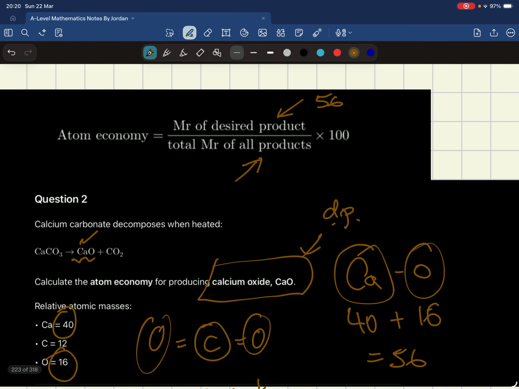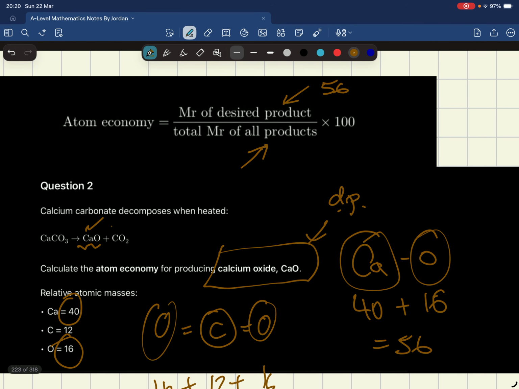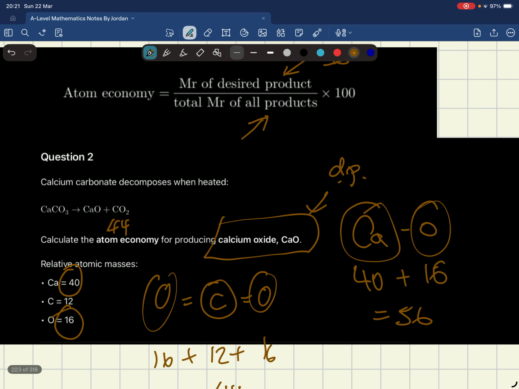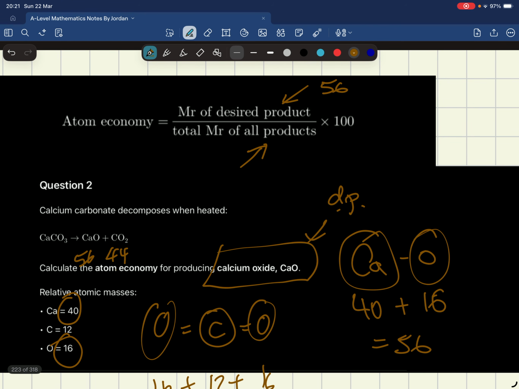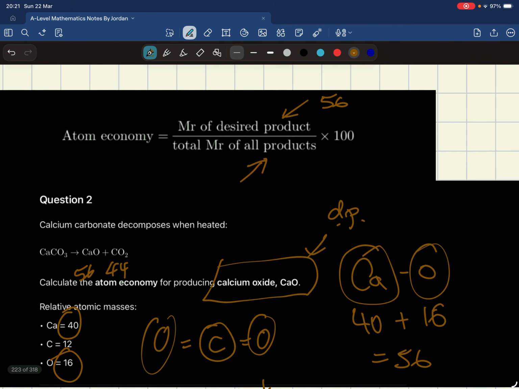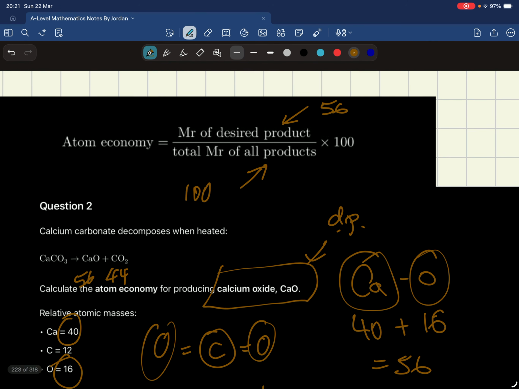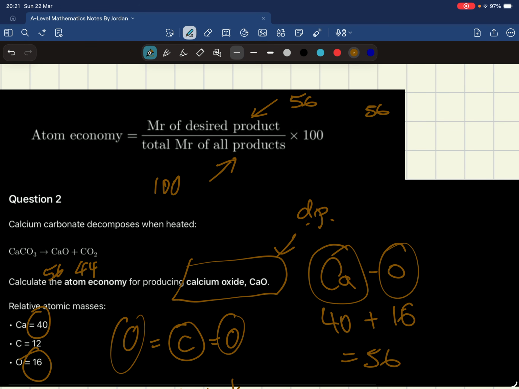So we put 44. We've got 44 for that, and we've got 56 calcium oxide. Add those together, that's going to give us 100. So you can see this is 56 over 100 times 100, which is 56%.